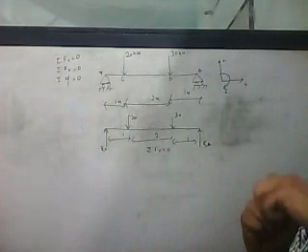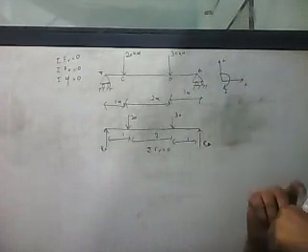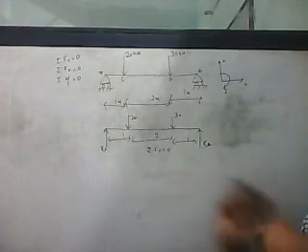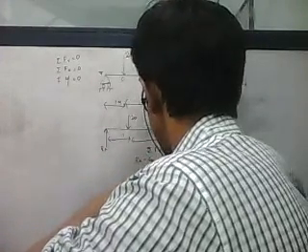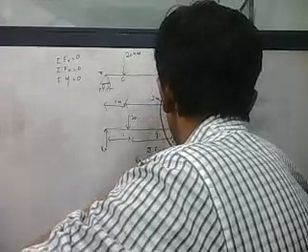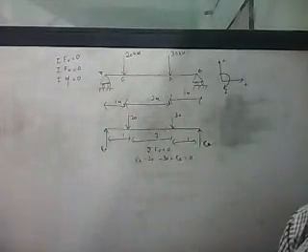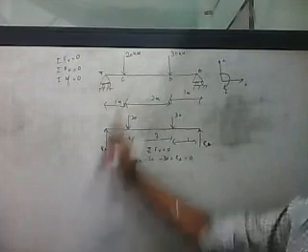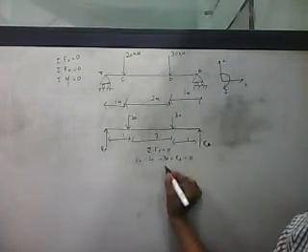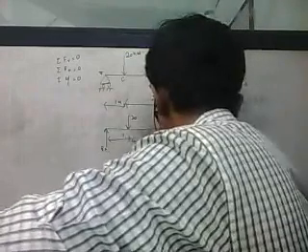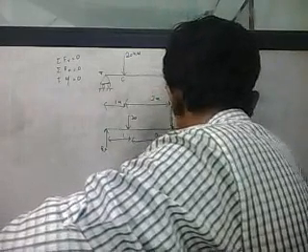Summation Fy equal to 0 means Ra in positive direction minus 20 minus 30 plus Rb equal to 0. Clear? So overall the equation is Ra plus Rb equal to 50. Equation number 1.